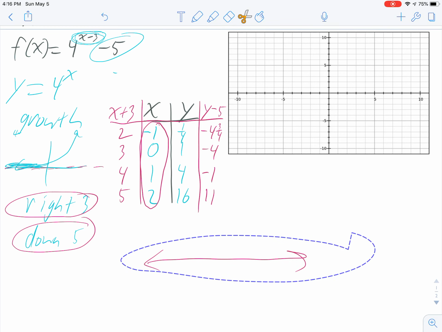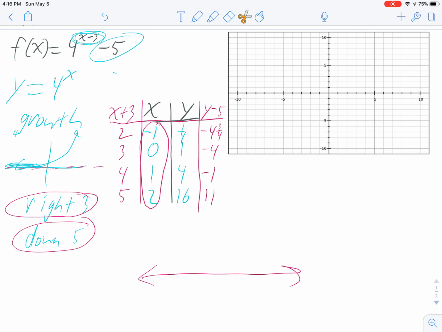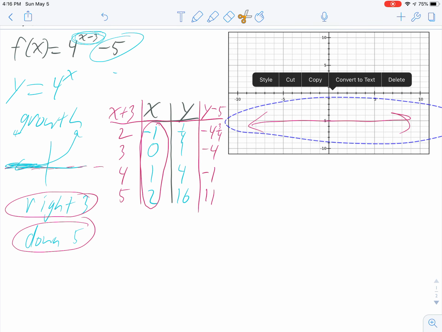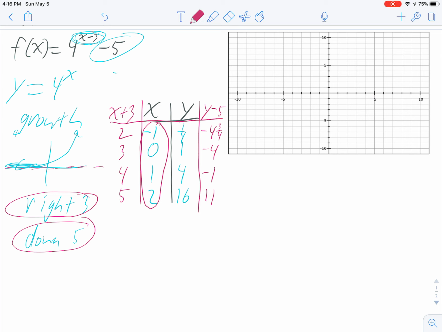But if you take that asymptote and move it up or down, it does move. And so if it was at 0 and we move the whole graph down 5, the asymptote is going to move down 5. All that is to say that the horizontal asymptote is the line y equals negative 5, and it's the up or down transformation that tells me that.